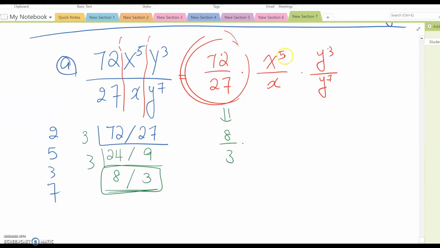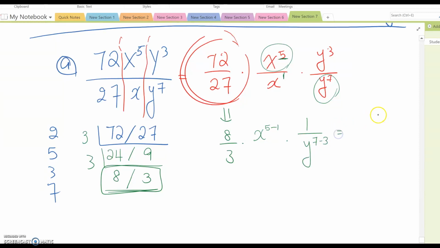Now in this case, x to the 5 over x, no exponent means 1. Which one is greater? Yes, this is greater, right? So it becomes x to the 5 minus 1. Now this one, which one is greater? Yes, this is greater. So 1 over y to the 7 minus 3.